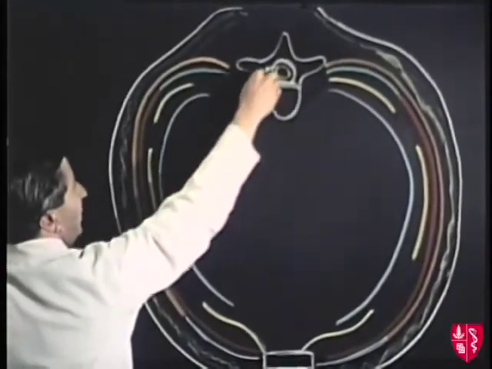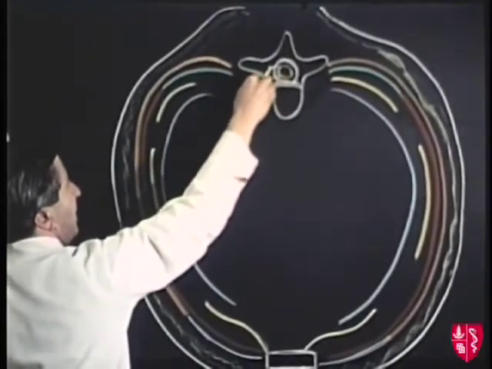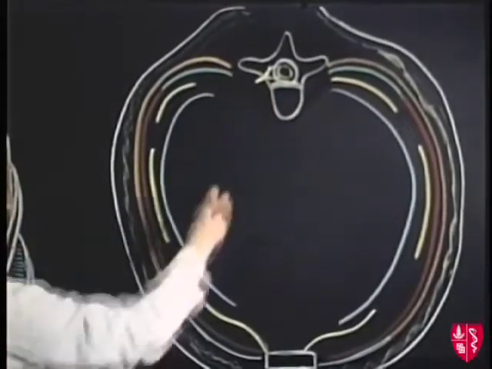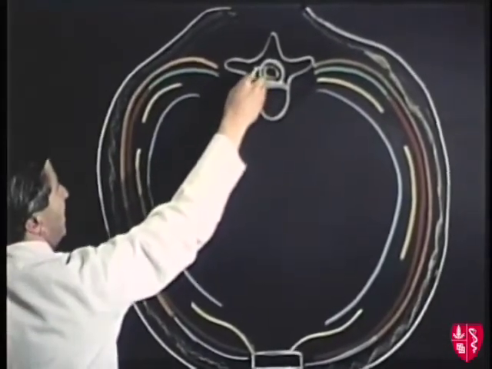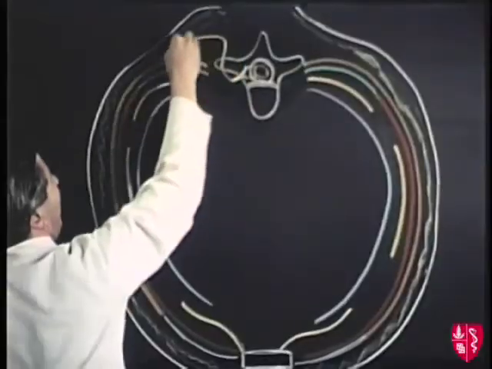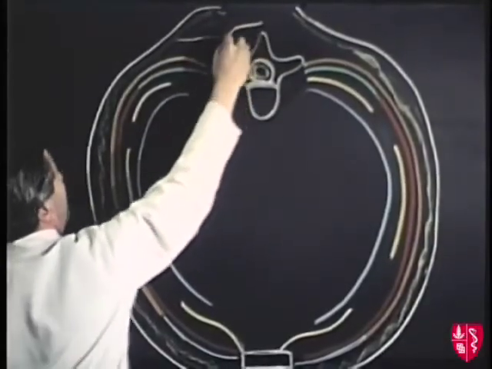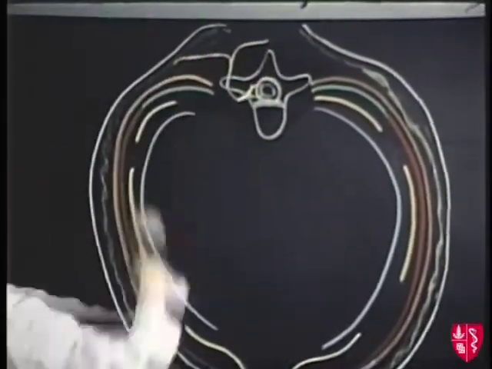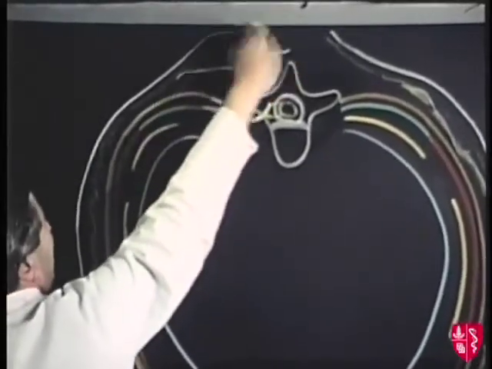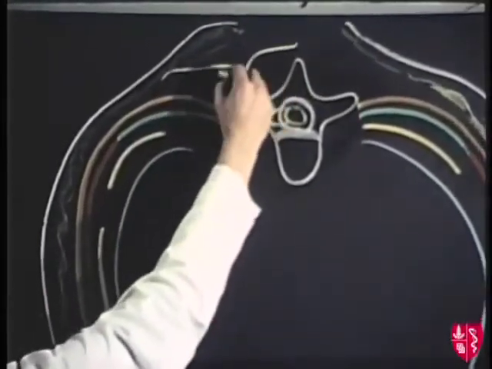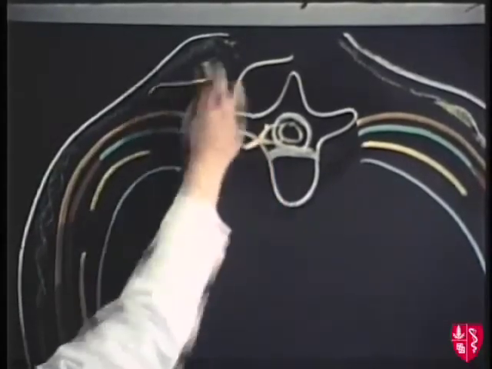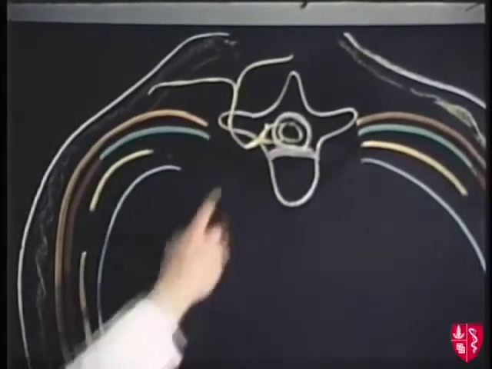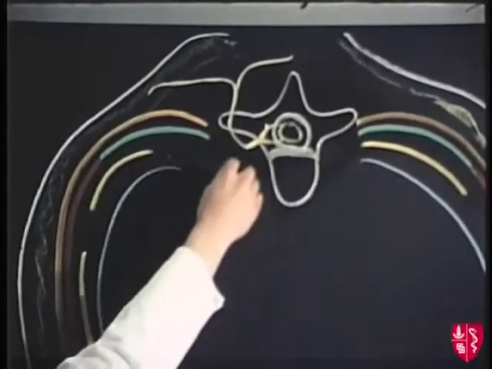Once the spinal nerve comes out, it divides into a posterior primary ramus, which passes backwards and divides into a medial and a lateral cutaneous nerve, which supplies the skin over the back, and also, of course, is supplying the postvertebral muscles. This is the posterior primary ramus of this particular spinal nerve.